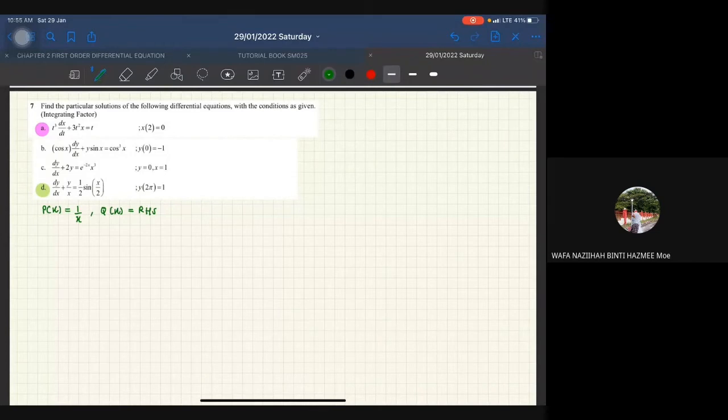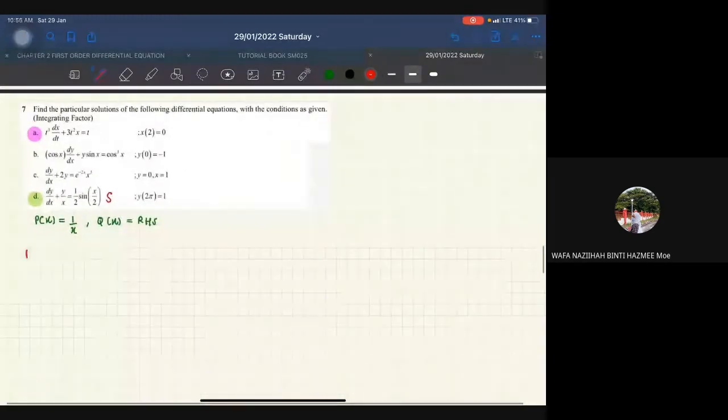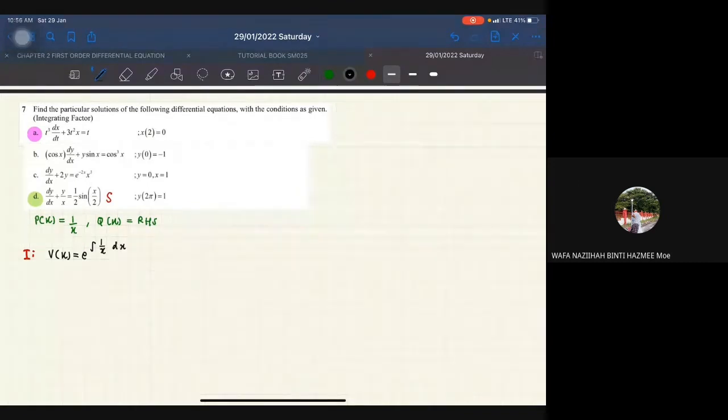Alright, so sekarang S dah settle. So we move to I. So this is S punya. Okay, so let's move to I, sorry, which is integrating factor. Okay, so integrating factor is Vx equal to e to the power of integral 1 over x dx. Okay, so simple.